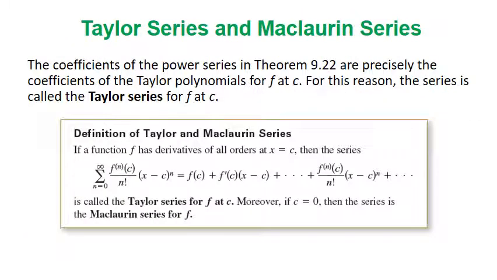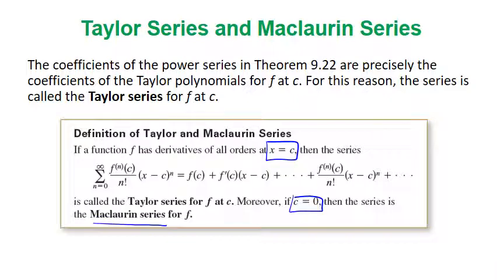So here's the definition of Taylor and Maclaurin series. Basically, they are the exact same thing, except a Taylor series is at x equals c, whereas c is 0 if we're dealing with a Maclaurin series.